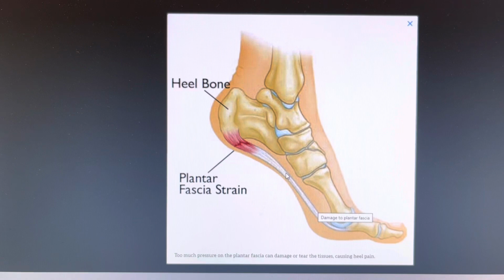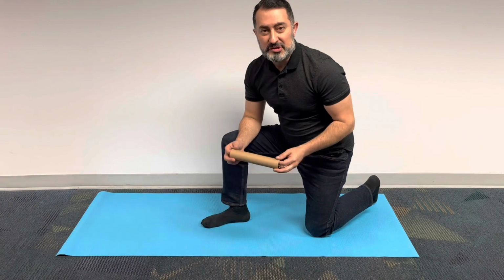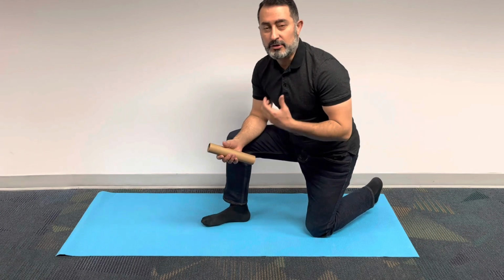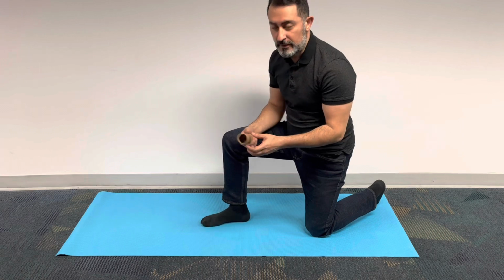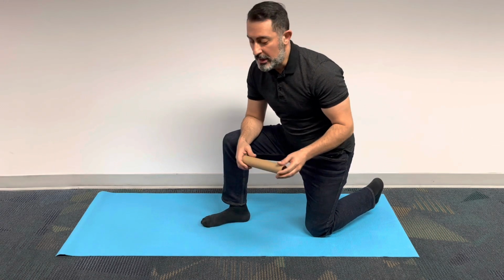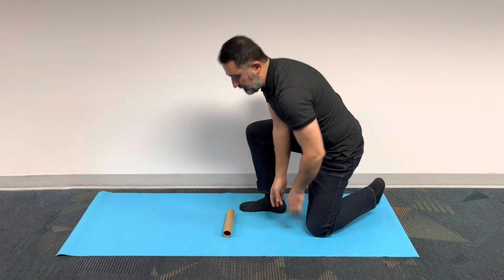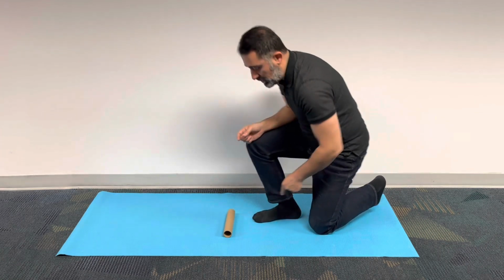All right, let's start. One of the ways to stretch your plantar fascial muscle, your foot and the arch of your foot, is using a roller, tennis ball, or golf ball. You place it on the floor and place your arch on it.